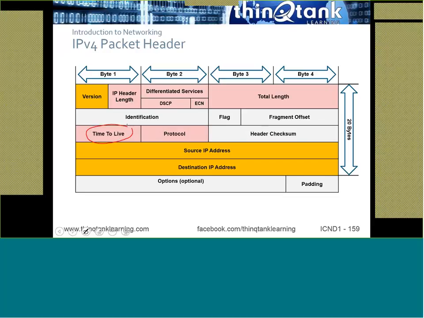Time to live. This is an interesting field because it plays a big role in a lot of functions that we run inside of our network. How many bits is that field? 8 bits. Right? That field is 8 bits, so it's a byte.